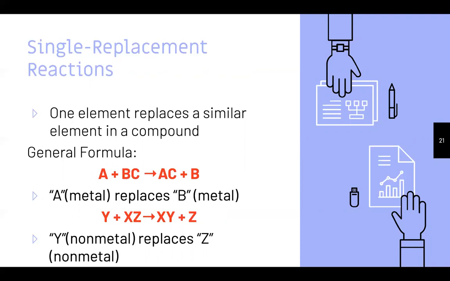The A goes to the AC and the B separates to B. It's important to understand that the A represents a metal replacing B, another metal, so those are both metals. The same thing is down there: Y plus XZ yields XY plus Z, except Y is a non-metal replacing Z, another non-metal. So that is important to understand.